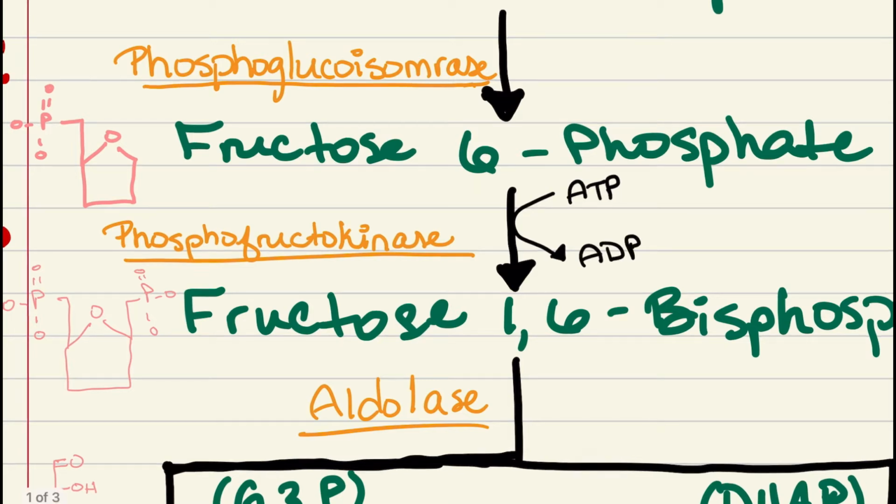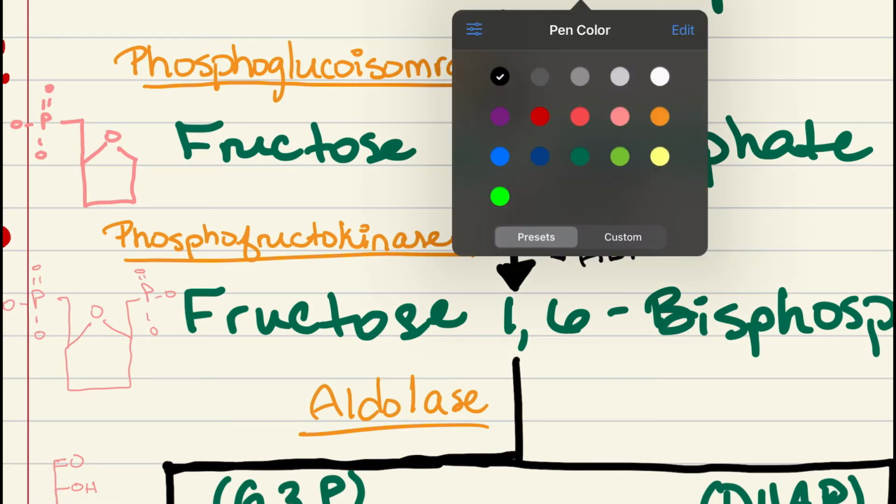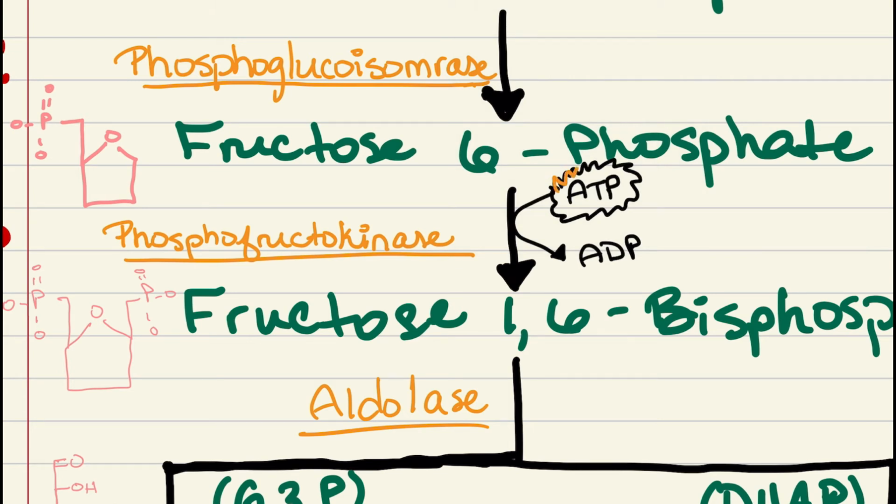And I apologize, I forgot to add in that it takes a phosphate group from ATP and adds that onto the fructose 6-phosphate. So ATP is converted into ADP in this reaction. But it's understood that it's in the process. I just forgot to add it until after I edited the video.